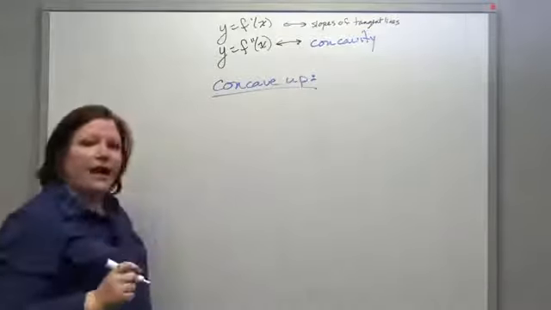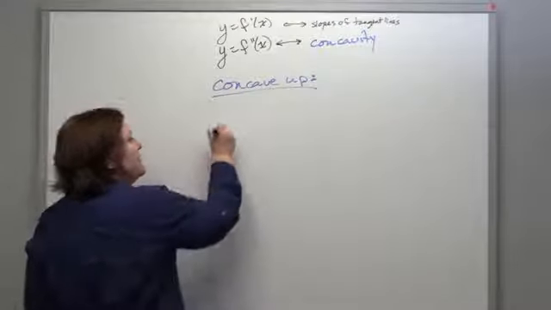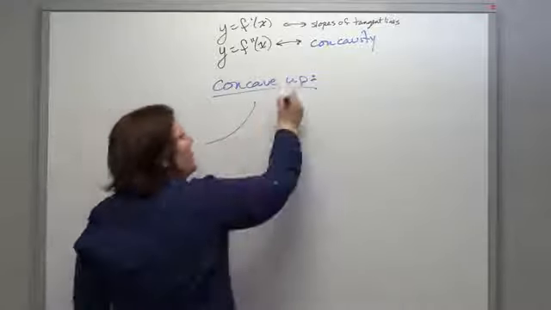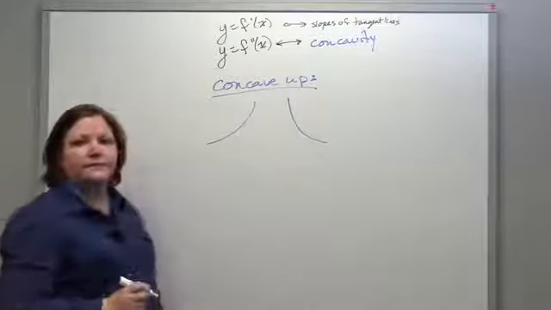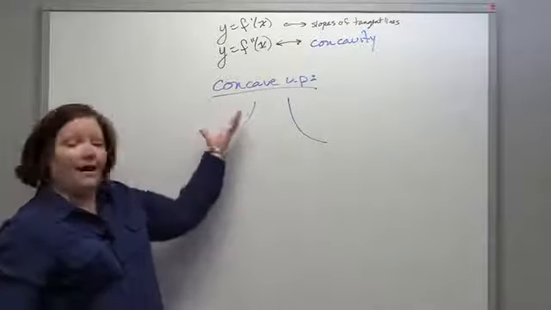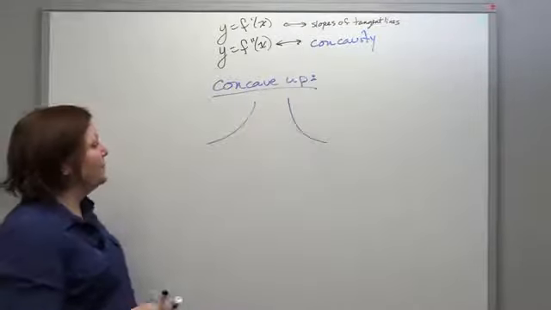And when a graph is concave up, we might have two different types of pictures. We might have something that looks like that, or we might have something that looks like that. And in both situations, the cup is opening upward, is one way of looking at it.